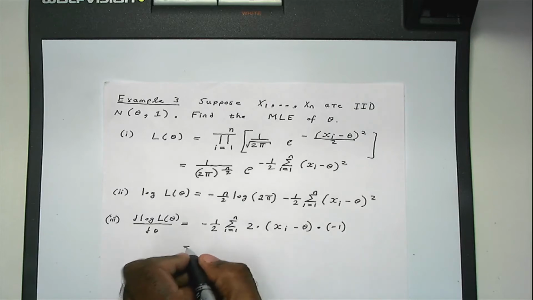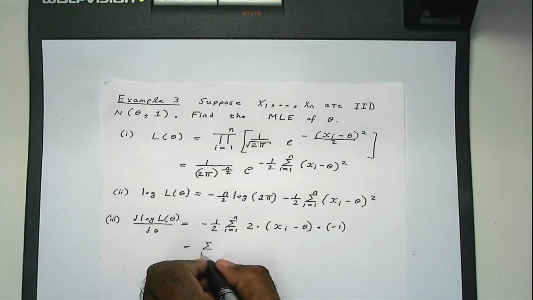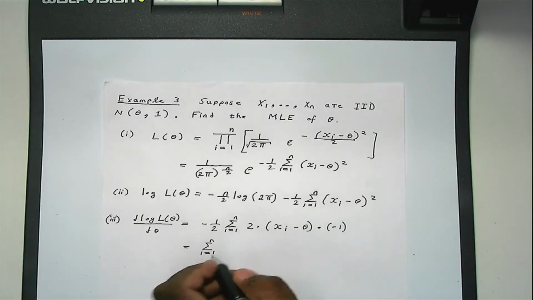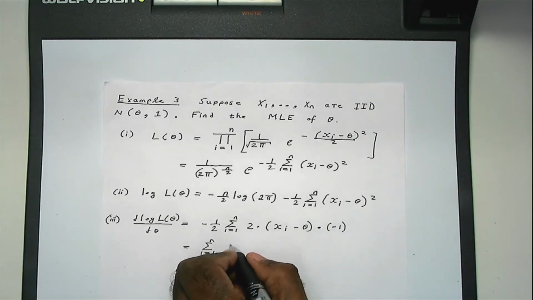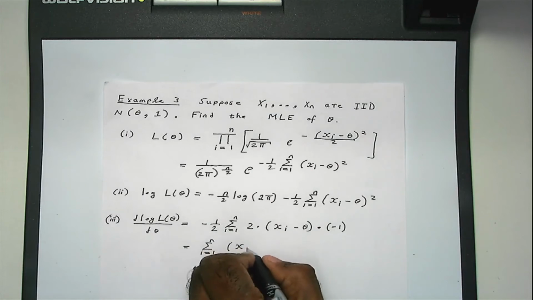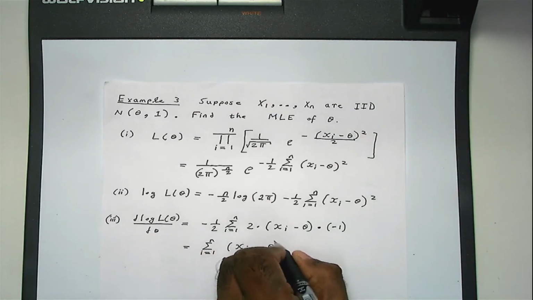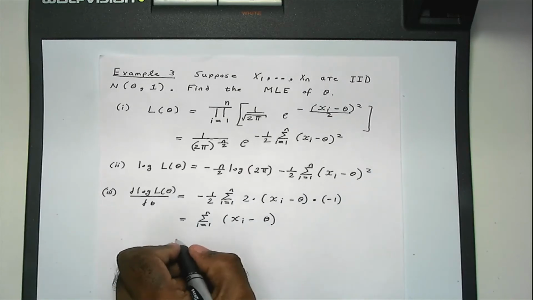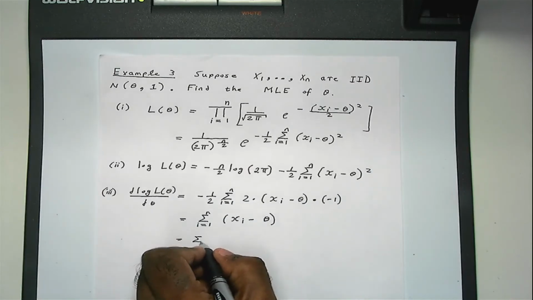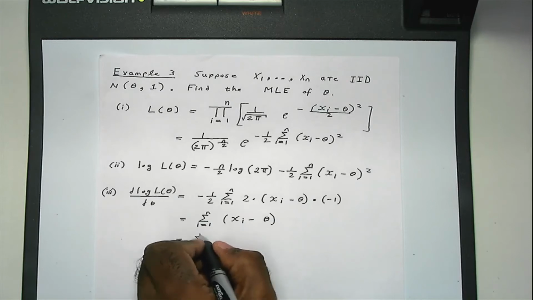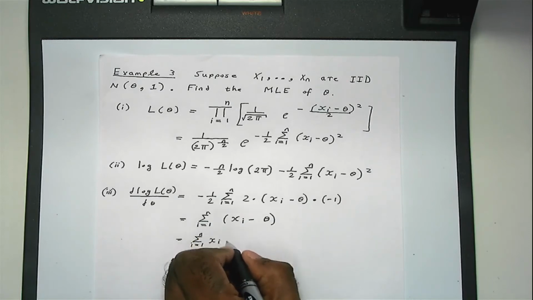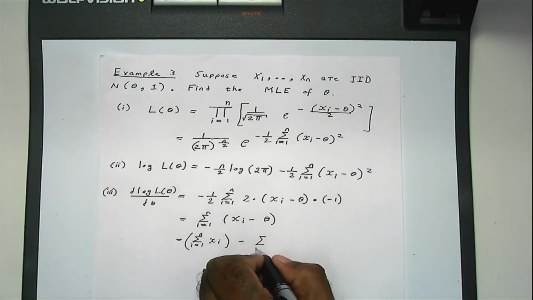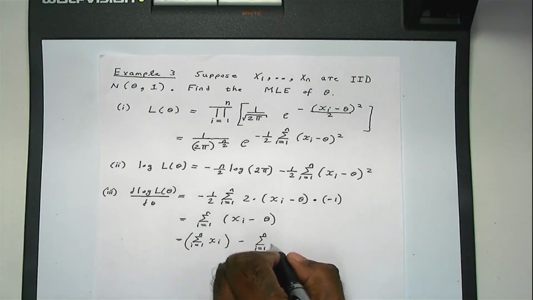So this is sum. The 2 and the 2 cancels, the minus and the minus cancel. So taking the sum inside, you get the sum of xi minus the sum of theta.